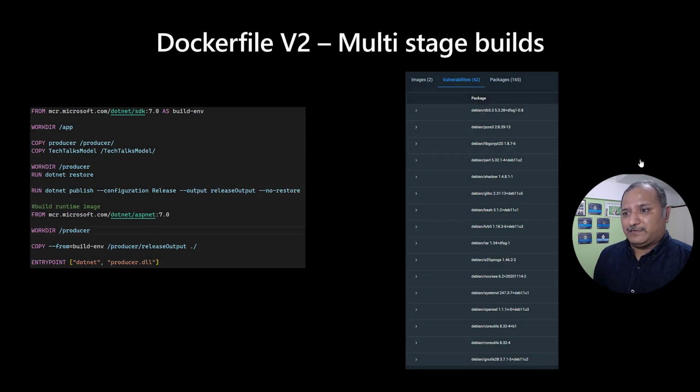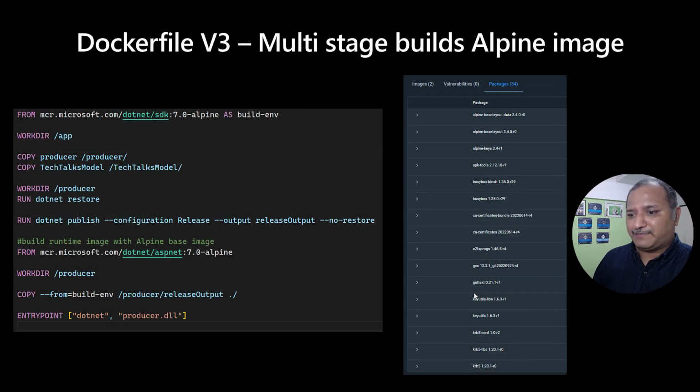In the second one, the upgraded version of Dockerfile, which contains the multi-stage, we built the application itself as part of the Docker build process, and we separated the build and the runtime stages for the Docker. In this case, we use the default 7.0 tag for SDK image and the ASP.NET, which is based on Debian, and we saw that there are some packages which are default in that particular version of the image.